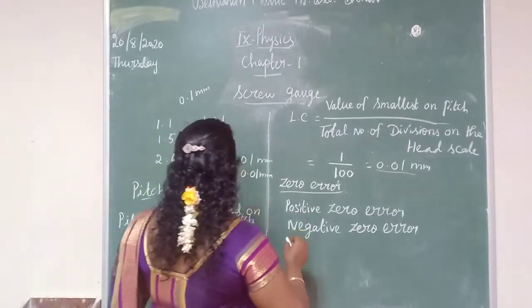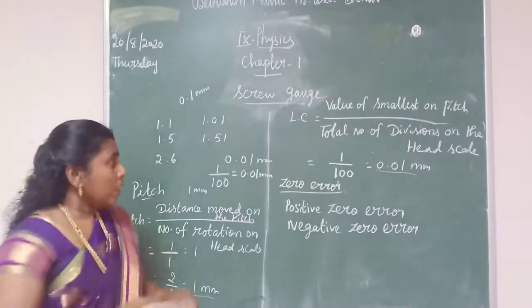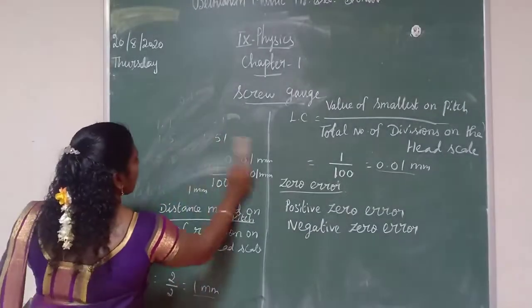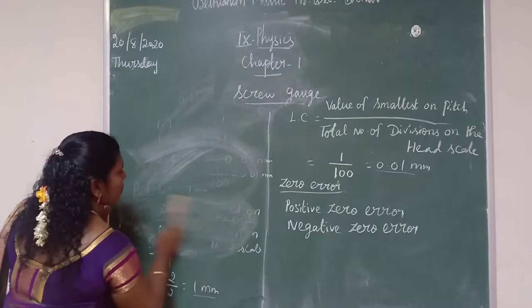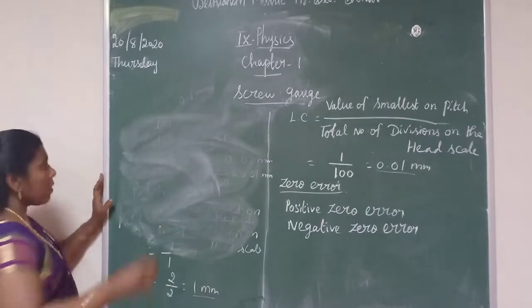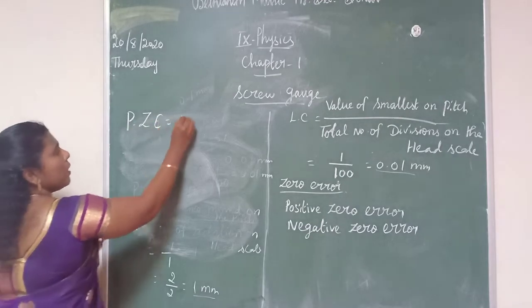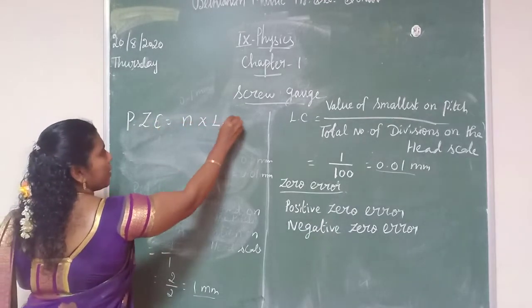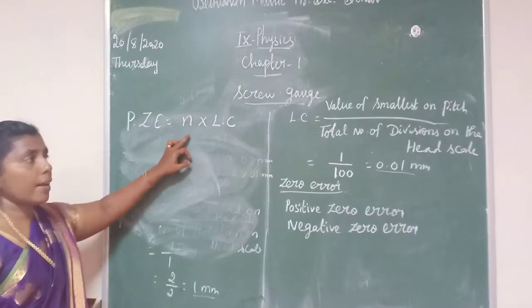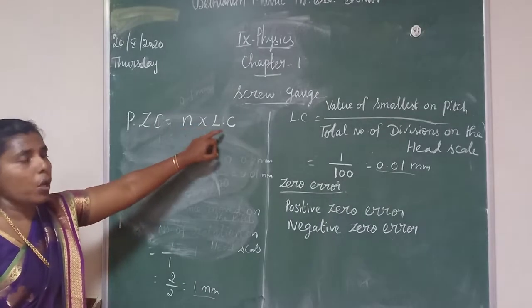The formula for positive zero error: positive zero error equals N into LC. What is the formula for positive zero error? N into LC.